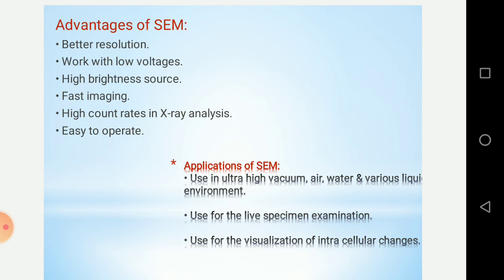In the transmission electron microscope, we cannot observe what is going on inside the cell. Why can we not observe? Because we take a thin section of a particular cell or tissue. While taking the section, we cannot observe what is going on inside the cell, because we have taken a section.